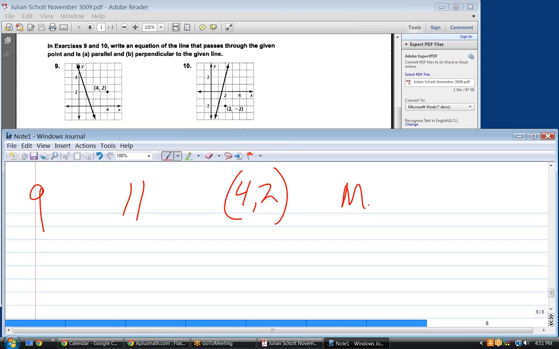What's the slope of the parallel part? 2 over... Wait, I'm confused. Okay, we need the slope of that line that we're looking at there. So figure that out from the graph. Is it 1 over 2?